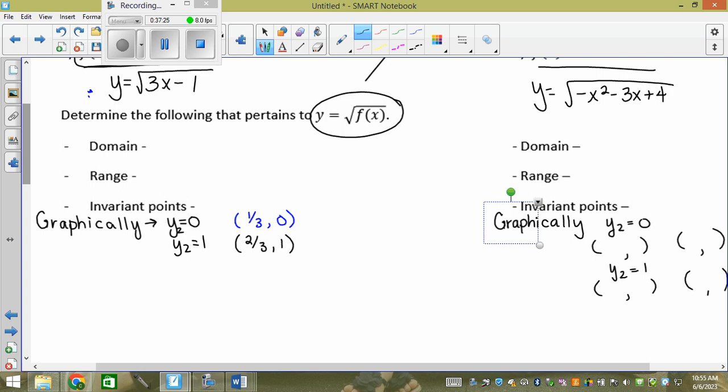You have to intersect twice for the 0 and then twice for the y equals 1. Remember, when the y equals 0, you can make your line thicker if you want to.